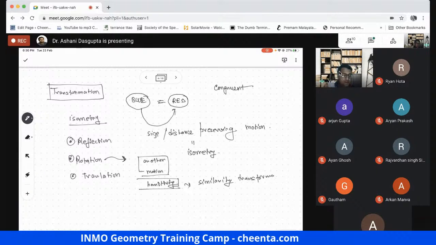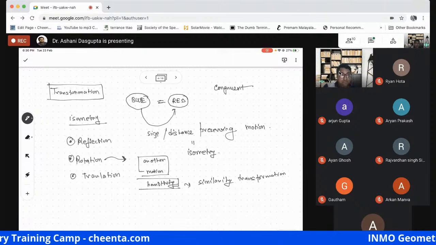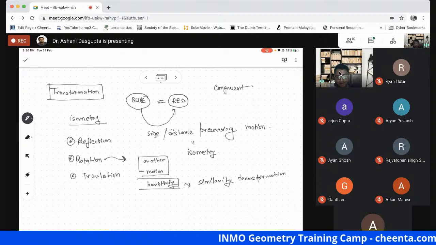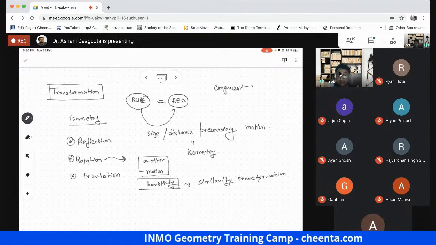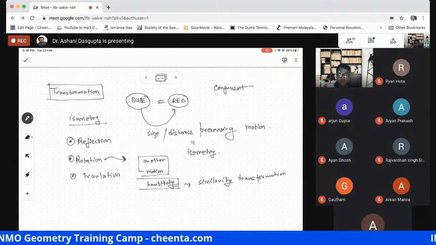So what does that mean? Well, I'm not going to go into the exact technical definition, but you can say that if it is for triangles, then the ratio of the sizes will be preserved.